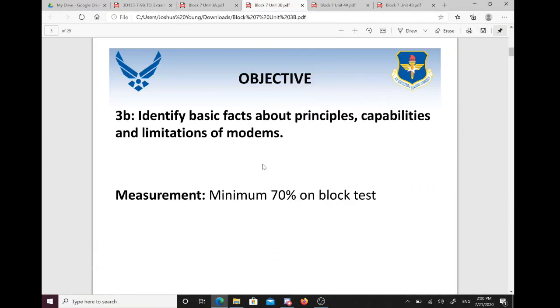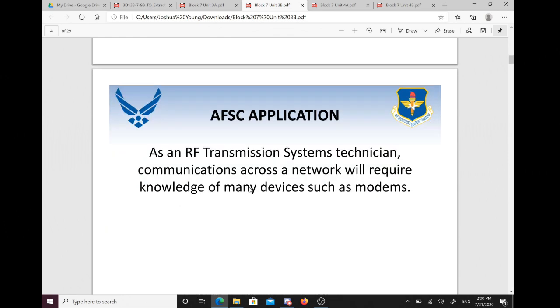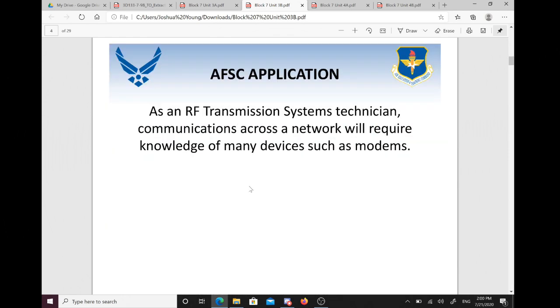In Objective 3 Bravo, we will be identifying basic facts about principles, capabilities, and limitations of modems. As RF transmission systems technicians, communications across a network will require knowledge of many devices such as modems.